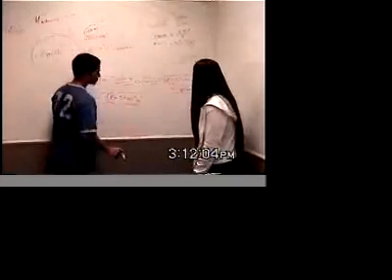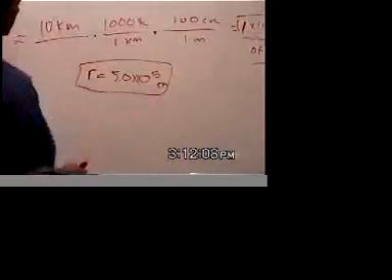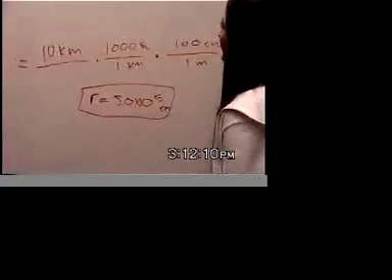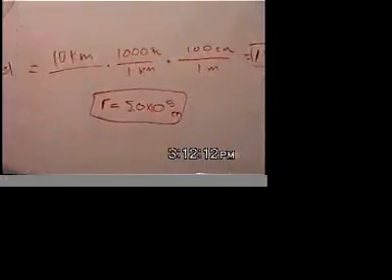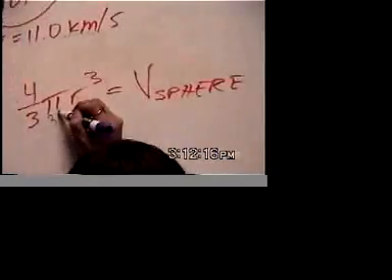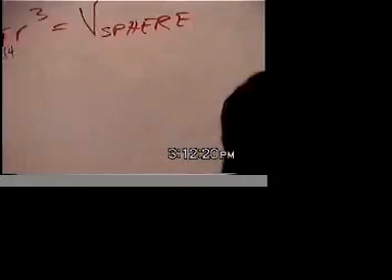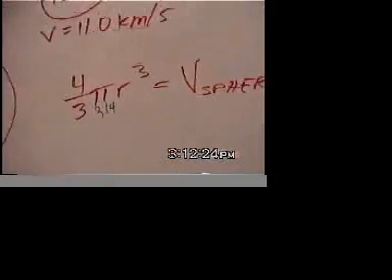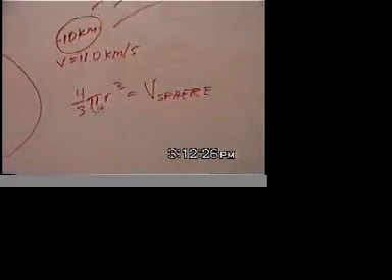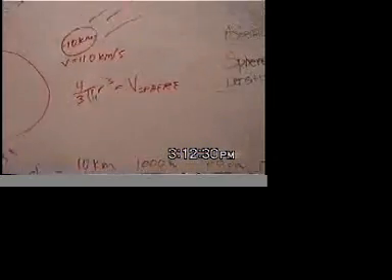So we still definitely need your units, centimeters. Is it cubed? No, that's just the radius, not cubed. Now we've found the radius, so we can stick it in for R and plug it into the calculator. We're finding the volume of the sphere, right?